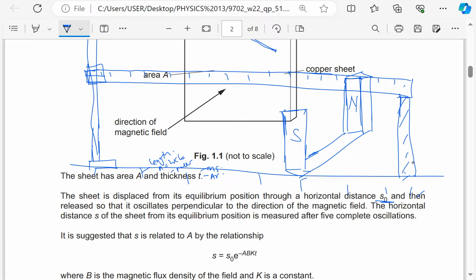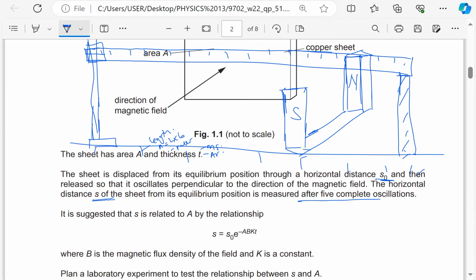Then the horizontal distance S of the sheet from its equilibrium position is measured after 5 complete cycles. It is going to be hard for me to measure S after 5 complete cycles because the sheet might be continuing to oscillate as I count the number of oscillations, and after 5 I should measure the distance. So the best thing is to use a camera to record this experiment.